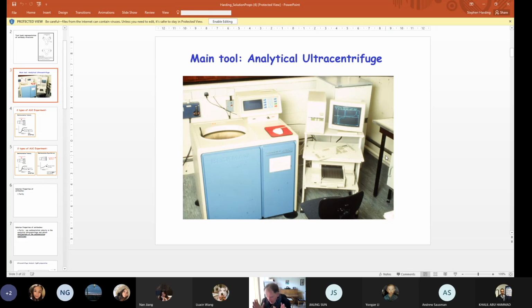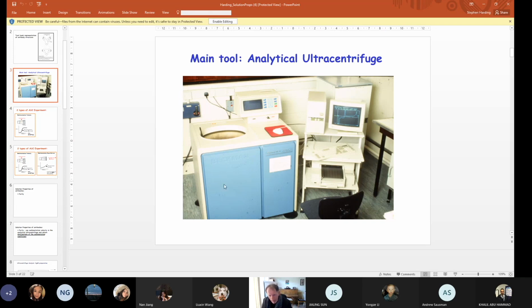Not in great depth, but sufficient for you to understand how this important technique can give the sort of information that Roy Jeffress was talking about last week. There's no point telling you that antibodies can form aggregates if you don't know how to establish whether you've got aggregates or not.